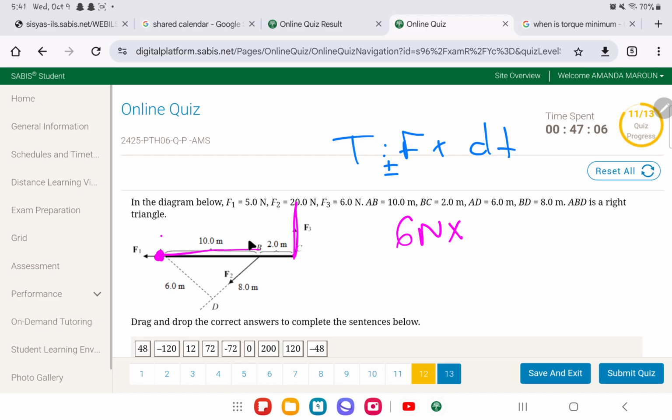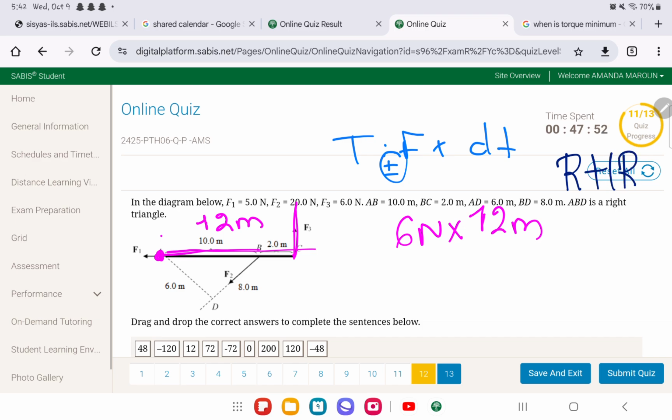It is 10 meters plus 2 meters, so in total 12 meters. So, the perpendicular distance is 12 meters. Now, finally, is it positive or is it negative? We're going to do the right hand rule.